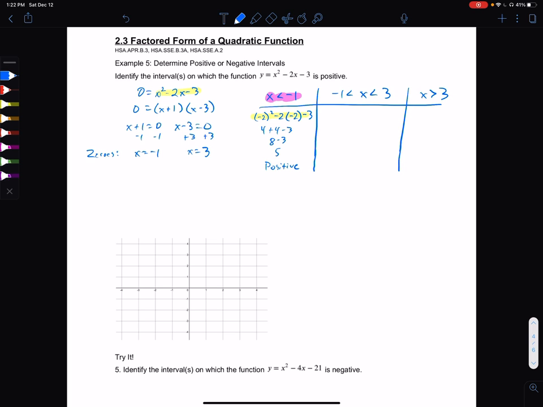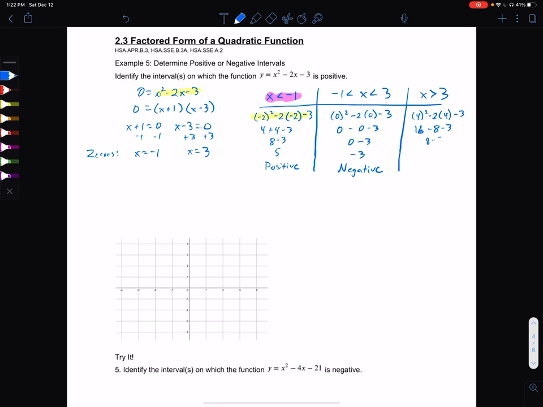For something between negative 1 and 3, the easiest number to work with would be 0. So I'm going to plug a 0 into my original equation. I get 0 minus 0 minus 3. That's going to be 0 minus 3, which is negative 3, and that is negative. Now I can pick any number greater than 3. I'm just going to go with 4. So 16 minus 8 minus 3.